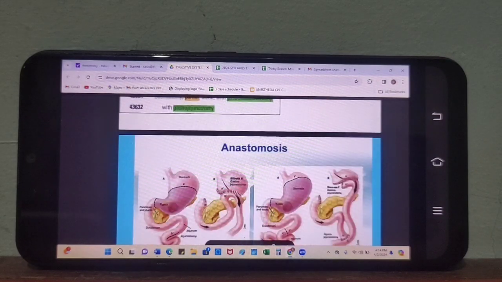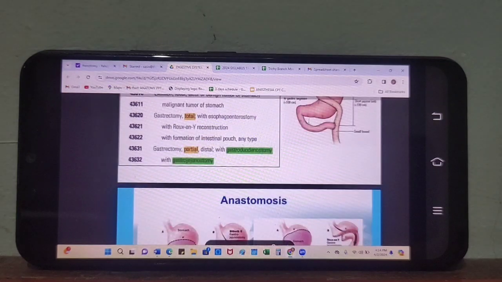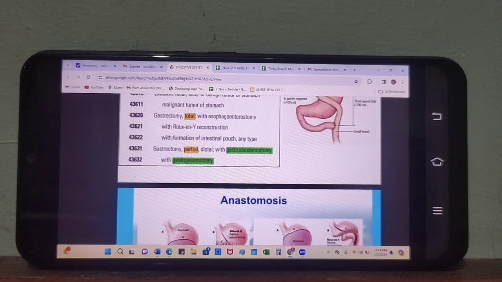Here, this is a near total: only 5% or 10% of the stomach is there. So that is near total. For total or near total gastrectomy, go for 43620 to 43622.